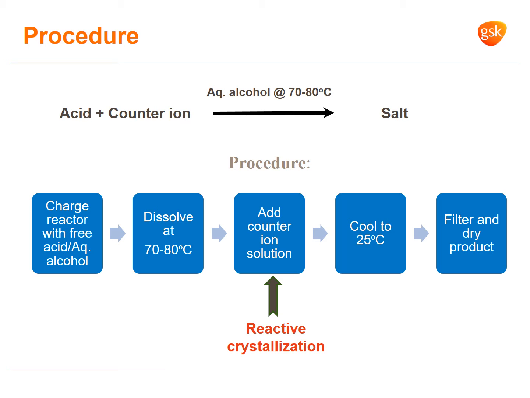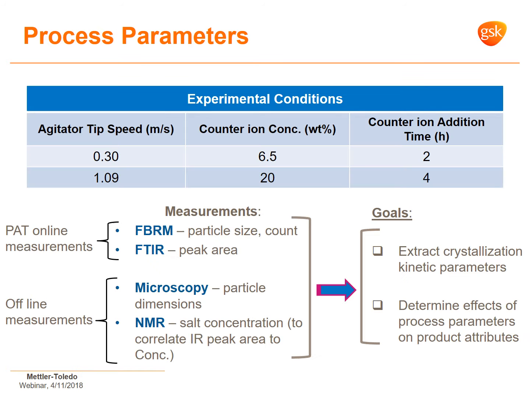Pretty simple salt formation. We have identified three critical parameters: the tip speed, the agitation as a factor, the concentration of the counterion in solution being dosed, between low and high, and also the addition time, or addition rate. We have 2 PAT tools, very popular: FBRM, to get chord length and counts, and FTIR, which gets peak area. We'll get to that.